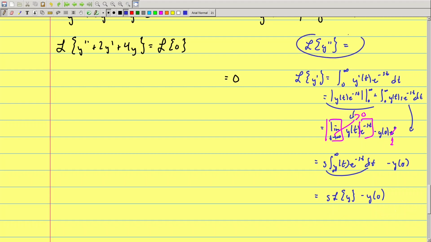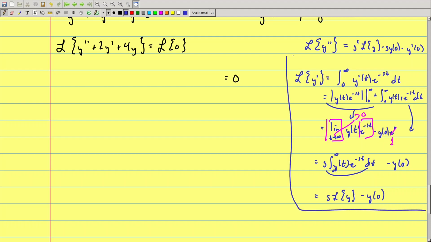So if I'm talking about the Laplace transform of y double prime, I'm going to end up with this, just due to repeated applications of integration by parts and computing things like we did here.